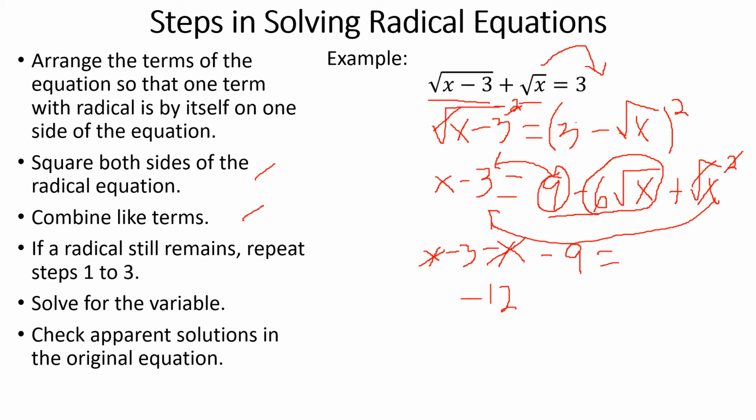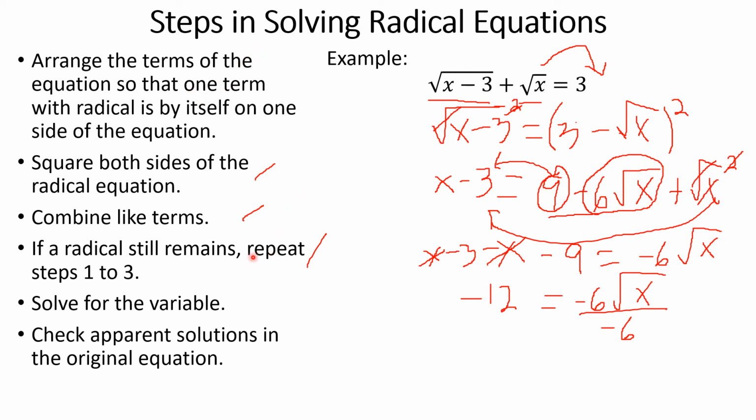So, this will be equivalent to negative 6 square root of x. We divide both sides by negative 6. So, dahil nga po may naiwan na radical symbol dito sa ating right side, gagawin po natin ulit yung first step.